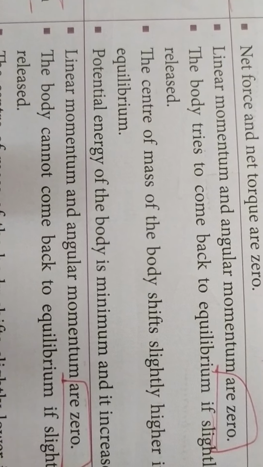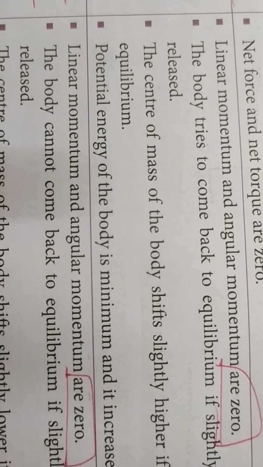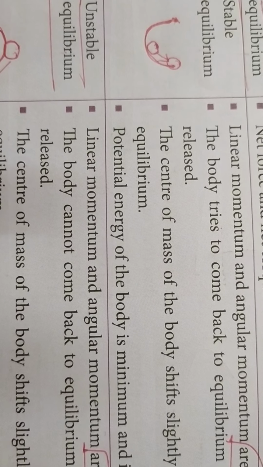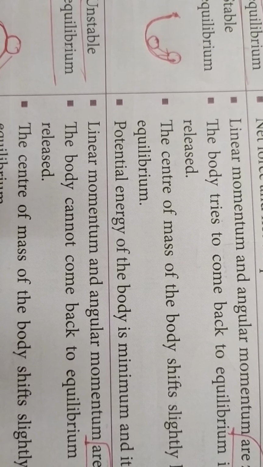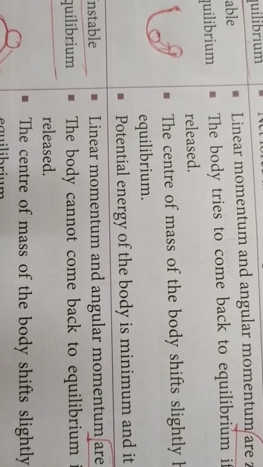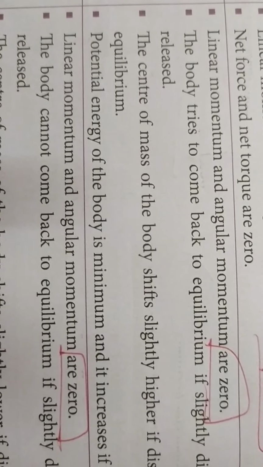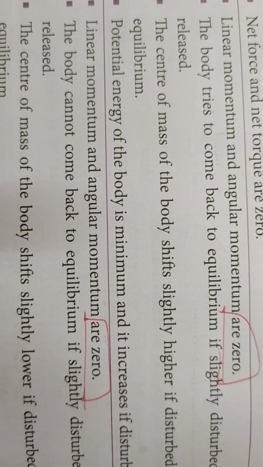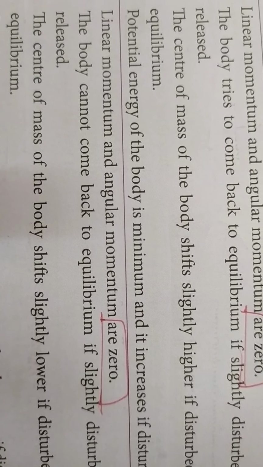Both are 0 because this is stable equilibrium. When the ball is brought to the end of the bowl, it will again come to the bottom. So the body tries to come back to equilibrium if slightly disturbed and released. Also, the center of the body shifts slightly higher.